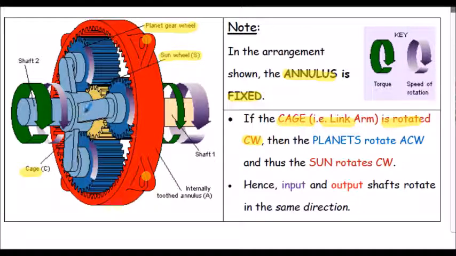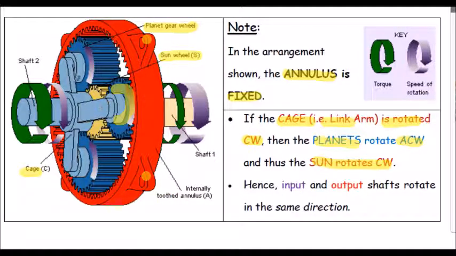Then the planet gears, these here, would move in an anti-clockwise direction, if you can visualize that. This spider arm is going in a clockwise direction. So if you think of the movement of the planet gears with the annulus fixed, they would go in an anti-clockwise direction. Or the sun in this case would go in a clockwise direction, because it would be opposite to the planet gears. So just that little illustration there, because it's quite complicated to think what's going on here.